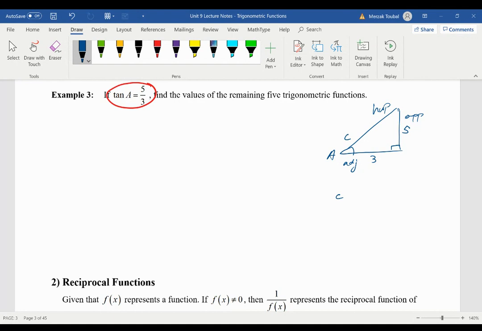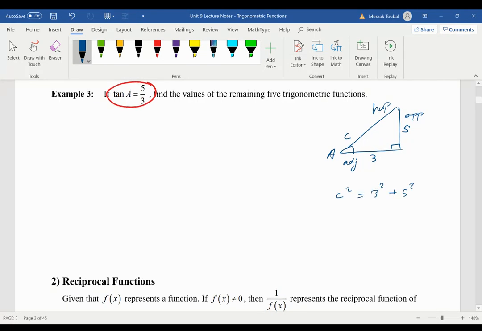So we do c squared equals 3 squared plus 5 squared, and c equals square root of 9 plus 25, which is 34, and that's in simplest form. So c equals square root of 34. Now we can go ahead and find the remaining 5 trig functions.